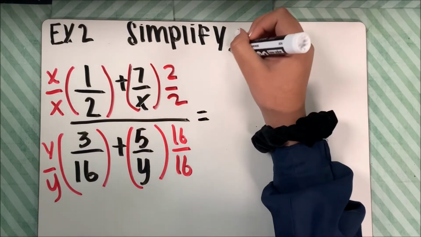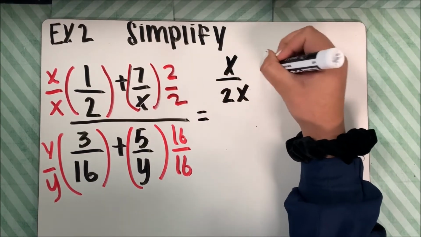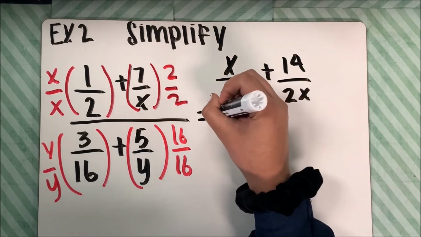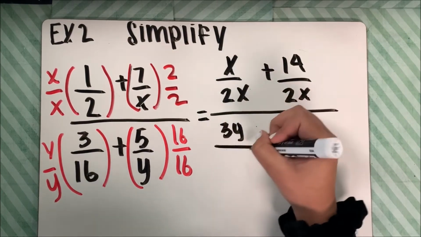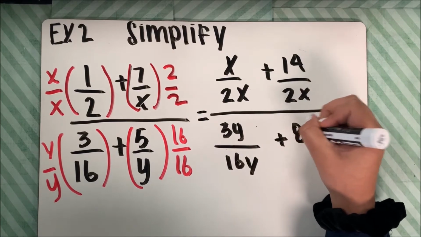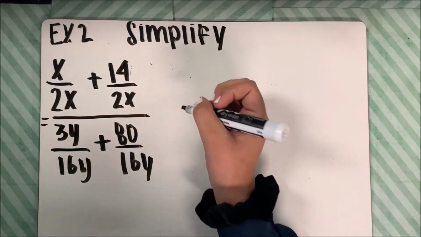We then get x over 2x plus 14 over 2x over 3y over 16y plus 80 over 16y.